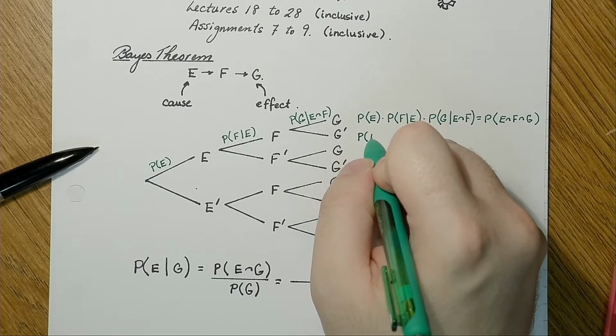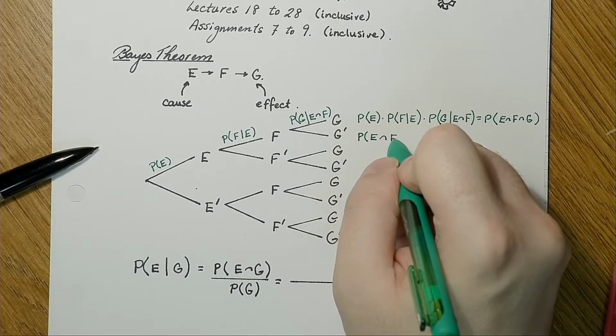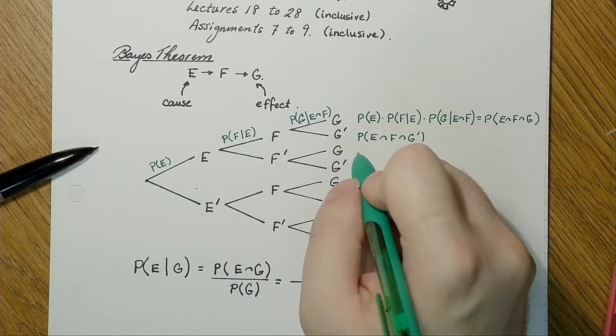This would be the probability of E and F and G prime.